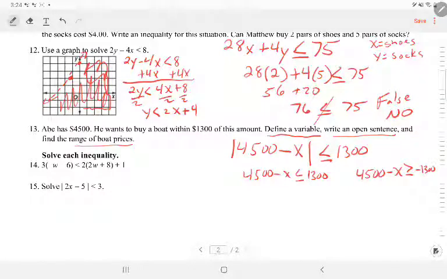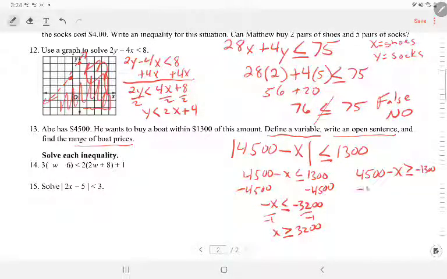Then I would simply subtract 4,500 from both sides, and I would have negative x is less than or equal to negative 3,200. I would divide everything by negative 1, and that gives me x is greater than or equal to 3,200.